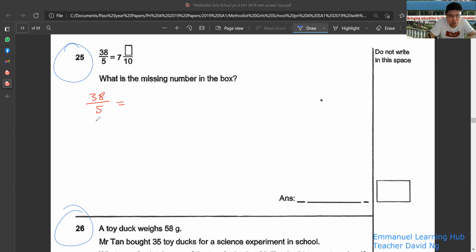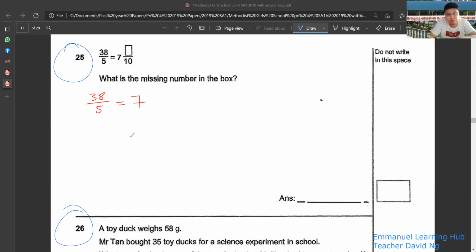Okay, first you convert this to a mixed number. 38 over 5, you convert to mixed number. 38 divided by 5 is how many? 7.